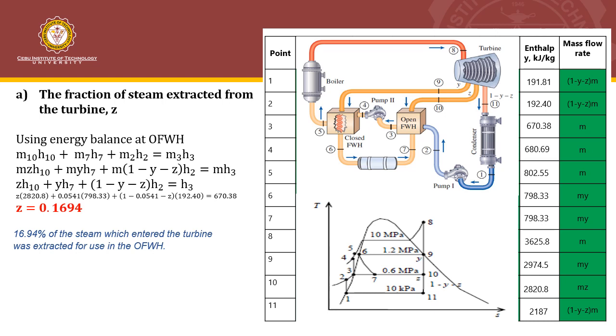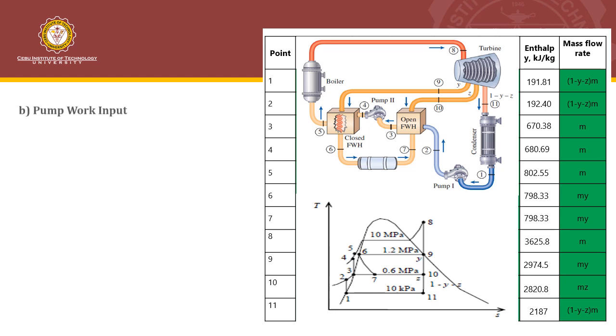So now that we already have the extraction of steam at point 9 and point 10, the y and z values, we can already get the other quantities. First, the pump work input. Unlike what we did previously, we can also do an energy balance for the combined pump. So we have two pumps here, pump 1 and pump 2.